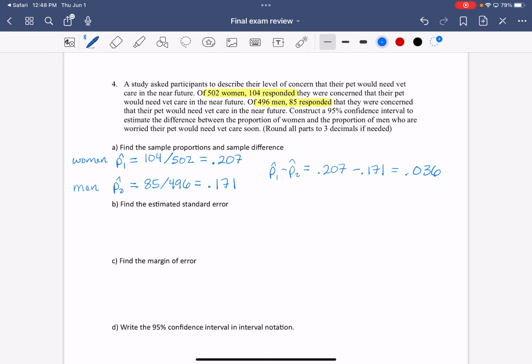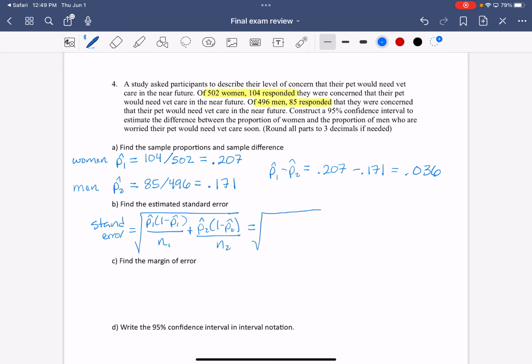Part B, find the estimated standard error, which is on your formula sheet. The first formula sheet under Unit 7, confidence intervals, you can see the estimated standard error is the square root of P1 hat times 1 minus P1 hat all over n sub 1 plus P2 hat times 1 minus P2 hat all over n sub 2. And we have all the information needed, so substitute in.